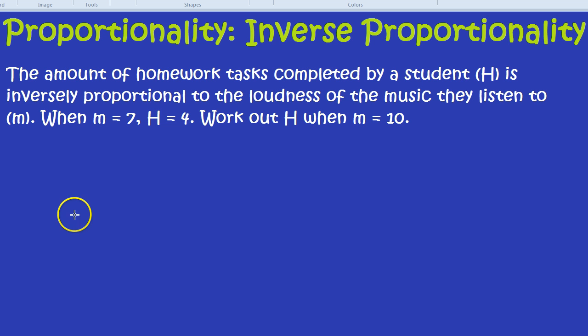Let's do an example. The amount of homework tasks completed by a student, H, is inversely proportional to the loudness of the music they listen to, M. So this is not going to be H equals K times by M, it's going to be H equals K divided by M. So with inverse proportionality, it's K divided by the other term.